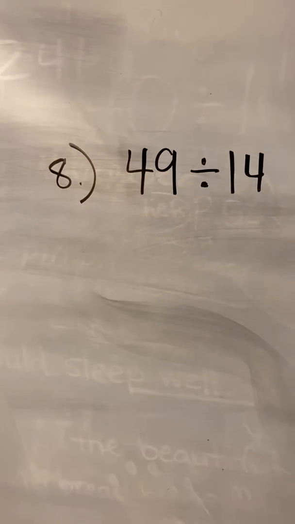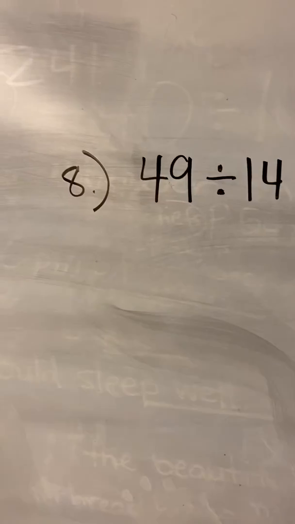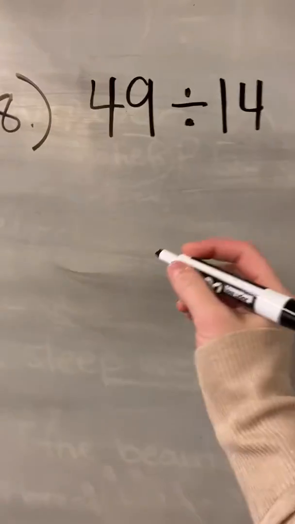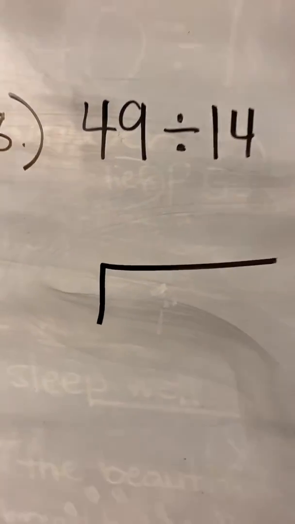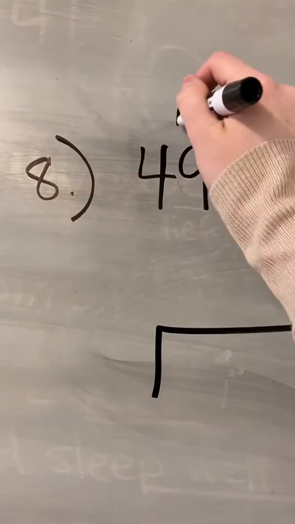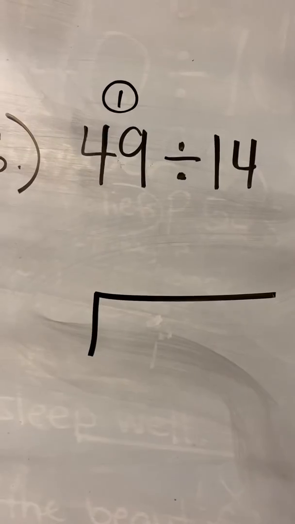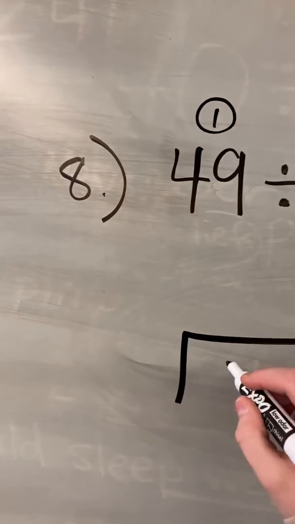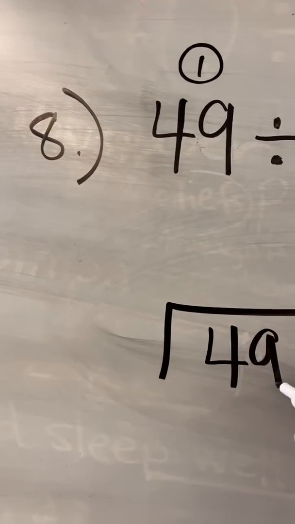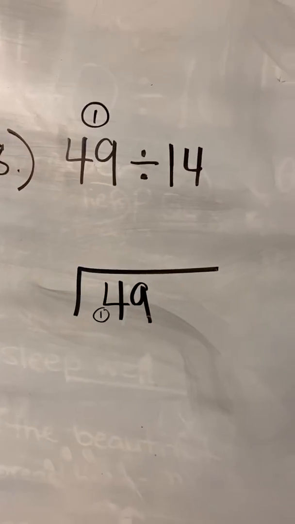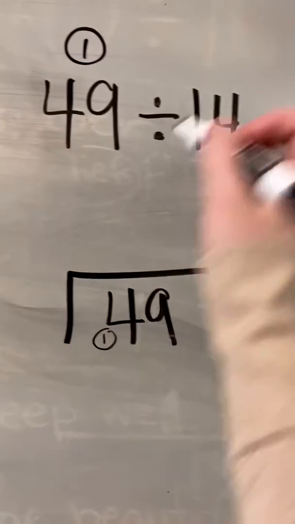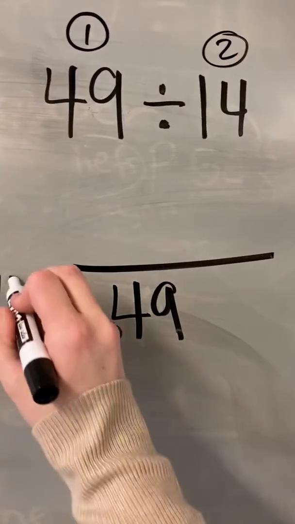So always, always, always, the number that goes under the table will be your dividend, and it's always the first number. So the first number in line in the division problem always goes underneath the table. All right, and I'll put a little number 1 next to it to remind you that, hey, that goes there, which then the second number, of course, is your divisor and goes outside.